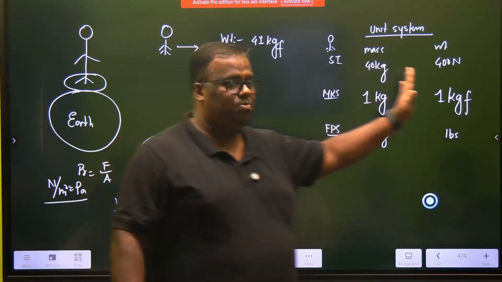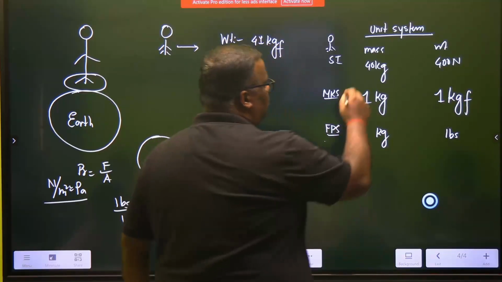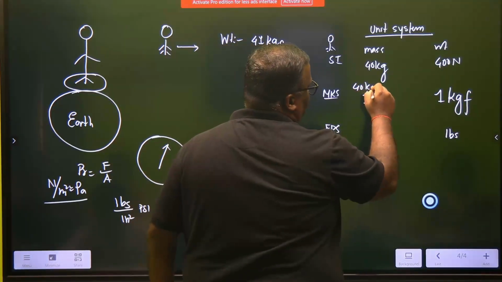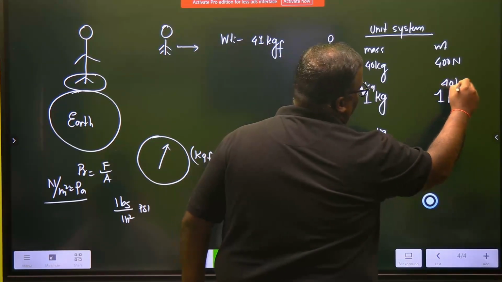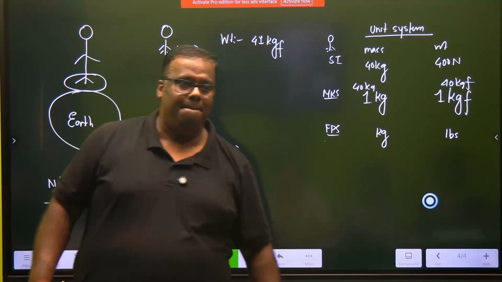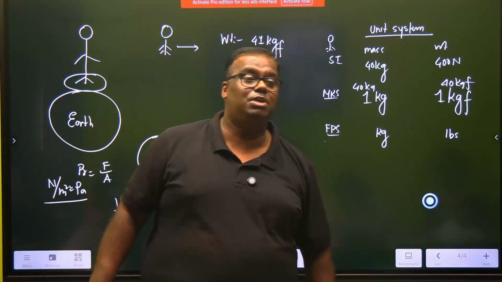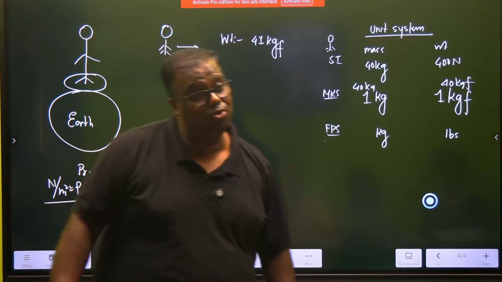Here there is no concept issue. 40 kg, 400 newton. So if you are 40 kg, then what is your weight? 40 kg force. Simple. And this is what people goof up. Just ask somebody, what did you buy, tomatoes? 1 kg. Mass or weight?